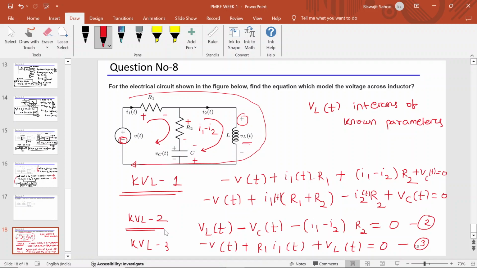I think these equations are clear to all of you, right? If I am making any mistake, then please clarify. But I think they are correct.